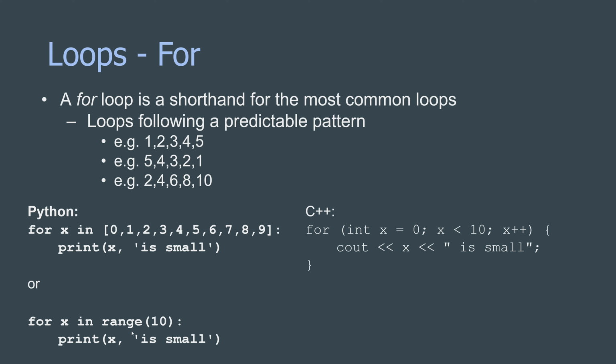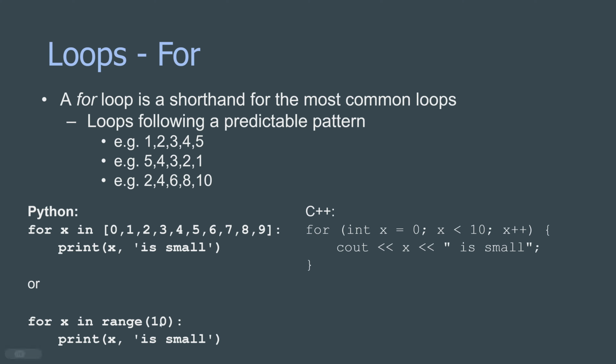Range has the same quirk as this less than over here, in that even though the end number is 10, we don't include the number 10 in our output. Okay, so that's a little bit weird and takes some getting used to, but it's consistent in Python. There are a lot of situations in Python where we start at a certain number and end at a certain number, and we include the starting number, but we don't include the ending number.